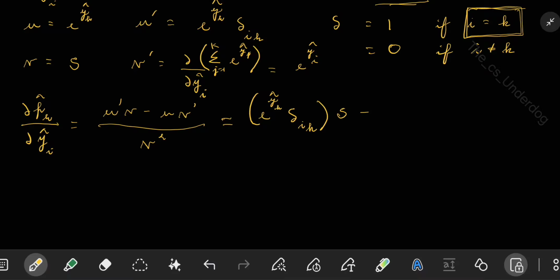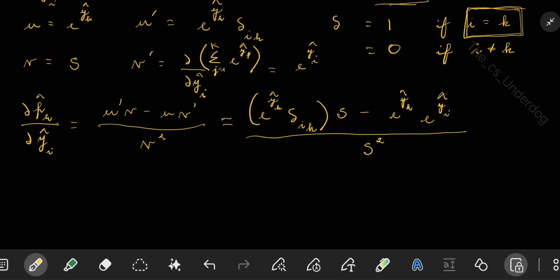U is e power yk cap. So that will be e power yk cap. And what is my v dash? My v dash is this, e power yi cap. So this will be e power yi cap, and then whole divided by v square. What is v? V is s. So v square will be s square.